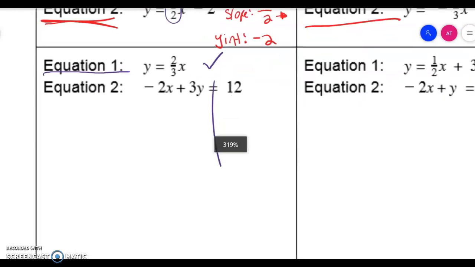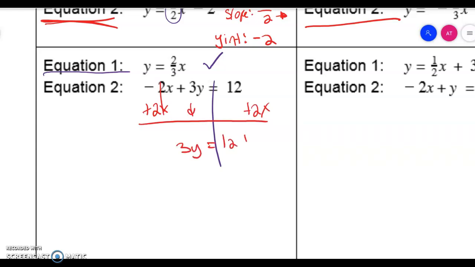Now our second equation is not in y equals mx plus b form because y is not by itself. So we're actually going to solve for y by adding the 2x to both sides. Remember, the 2x and the 12 can't be combined together because 12 does not have an x and 2x has an x. So now that I added 2x to both sides, I need to get rid of this 3 that's attached to my y.